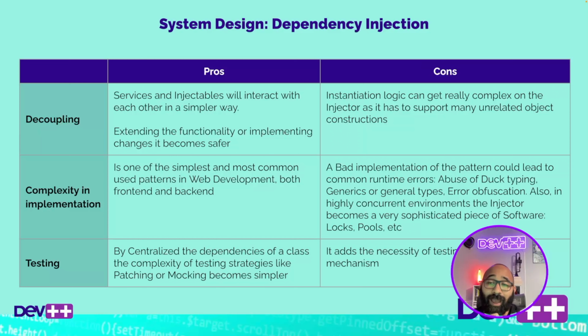Also, that's one of the cons, right? In a scenario where the injector is really complex and has a lot of logic, simply mocking or patching the injector is not going to be enough. You're also going to have to start creating your own tests for testing the injector, right?